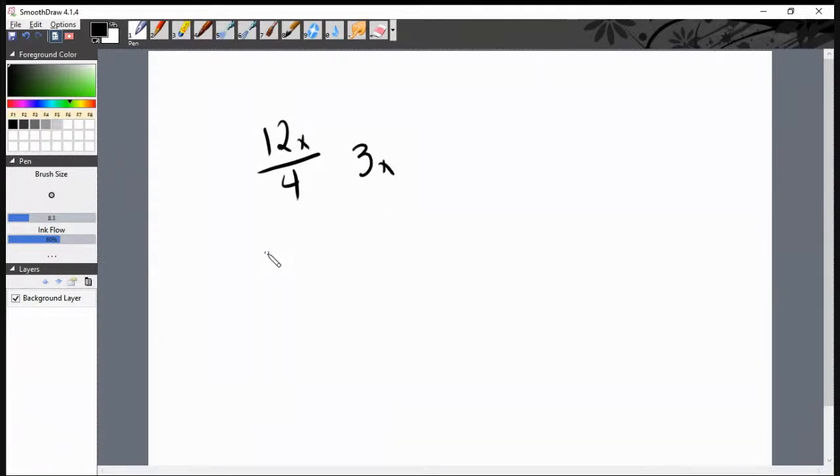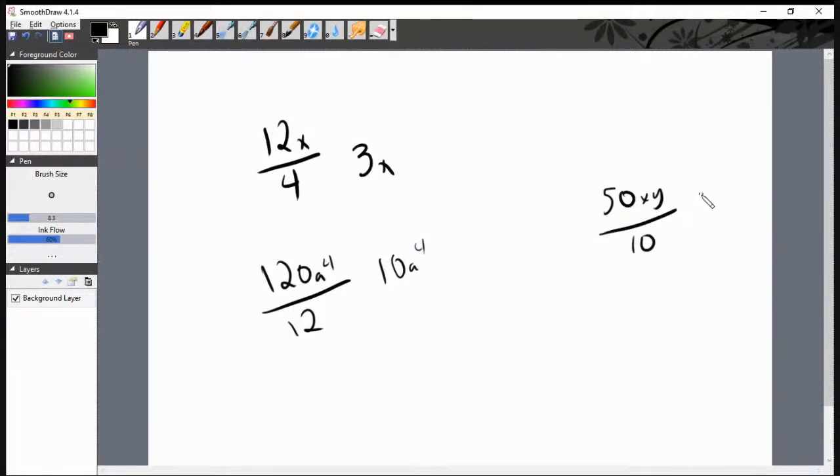Number 23, 120a to the 4th power over 12. How many times does 12 go into 120? 10 times. 10a to the 4th power. Number 24, 50xy over 10. What's the answer? 5xy. Right. Very simple.